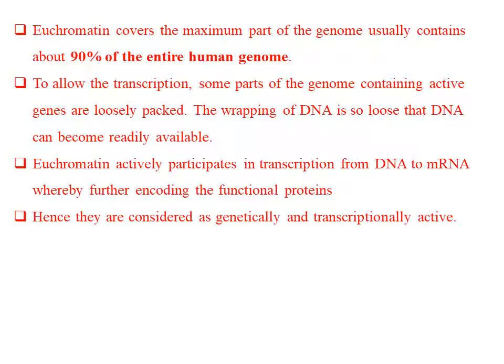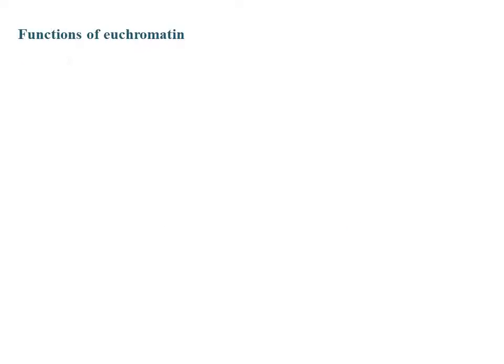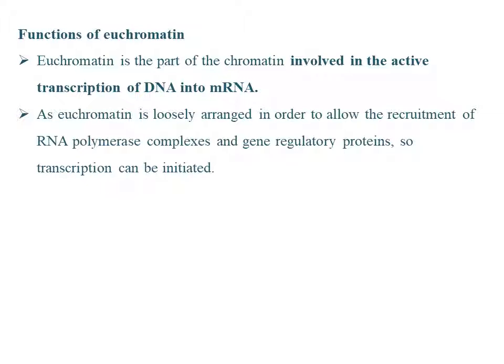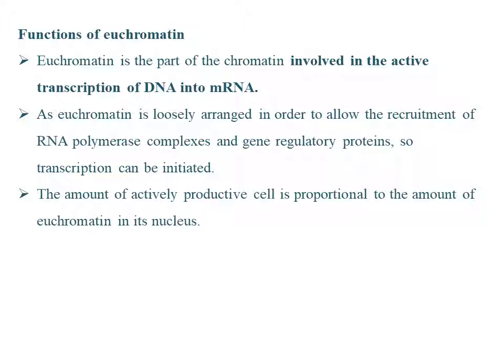These changes will affect the various processes of DNA, including the functions of euchromatin. Euchromatin is the part of the chromatin involved in the active transcription of DNA into mRNA. As euchromatin is loosely arranged in order to allow the recruitment of RNA polymerase complexes and gene regulatory proteins, the transcription can be initiated. The productivity of the cell is proportional to the amount of euchromatin they have in the nucleus.